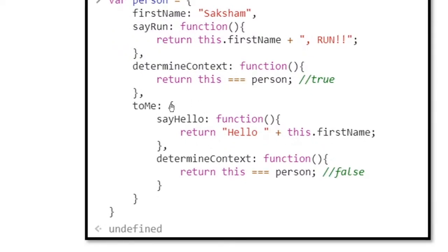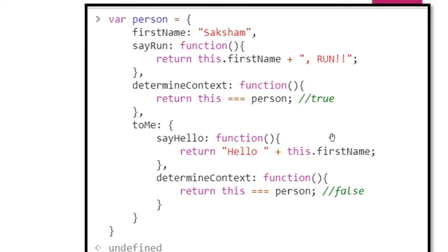But if we look at the toMe sayHello function, this whole function is defined, and it says hello plus this.firstName. What will happen? Do you think this still refers to the person? No, it does not. It actually refers to toMe, because now it's inside an object which has a function which uses the keyword this. So this now refers to toMe, and toMe.firstName will be evaluated.